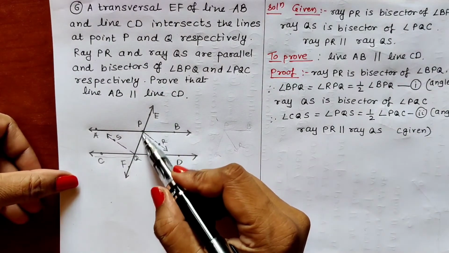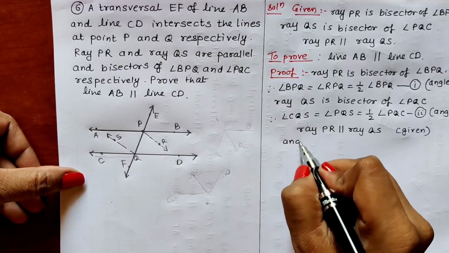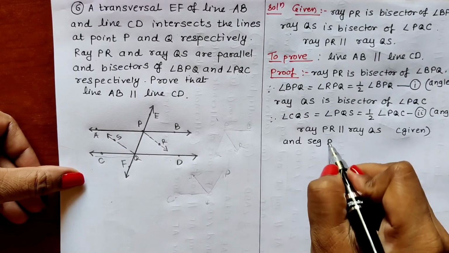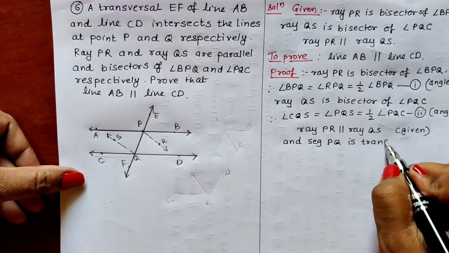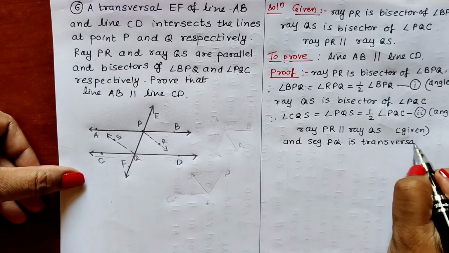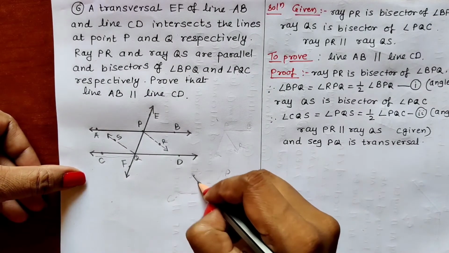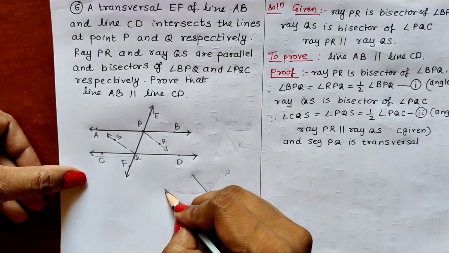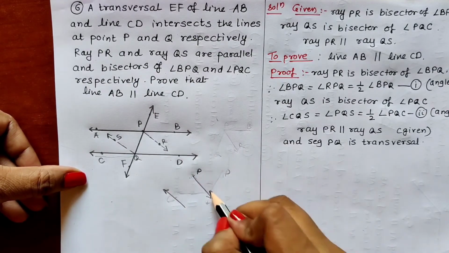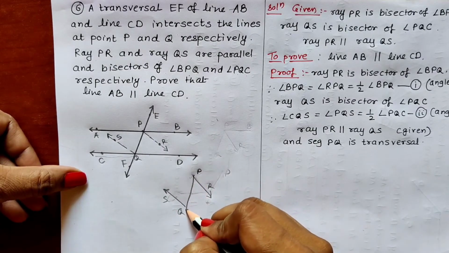And we can take segment PQ as their transversal. So watch the diagram again. This is PR. I am drawing here. This is PR. This is QS. PR, QS, PQ as the transversal.